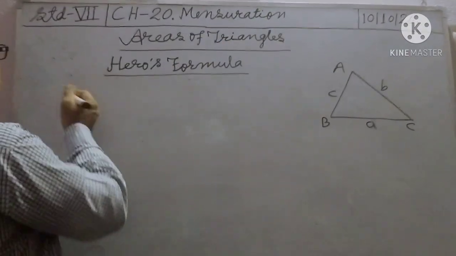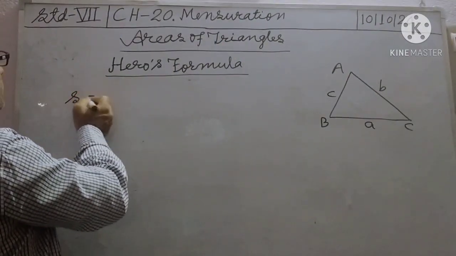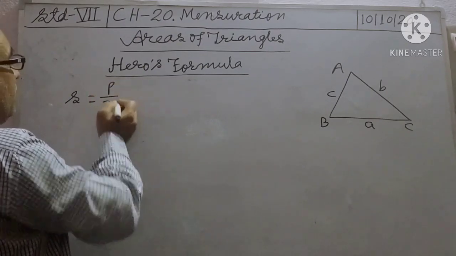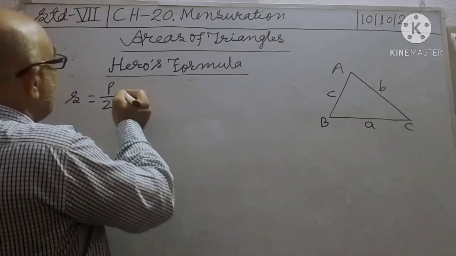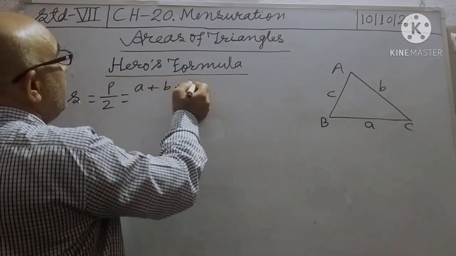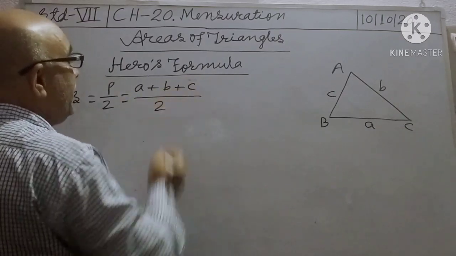So s is equal to perimeter by 2, that means semi perimeter, equal to a plus b plus c by 2.